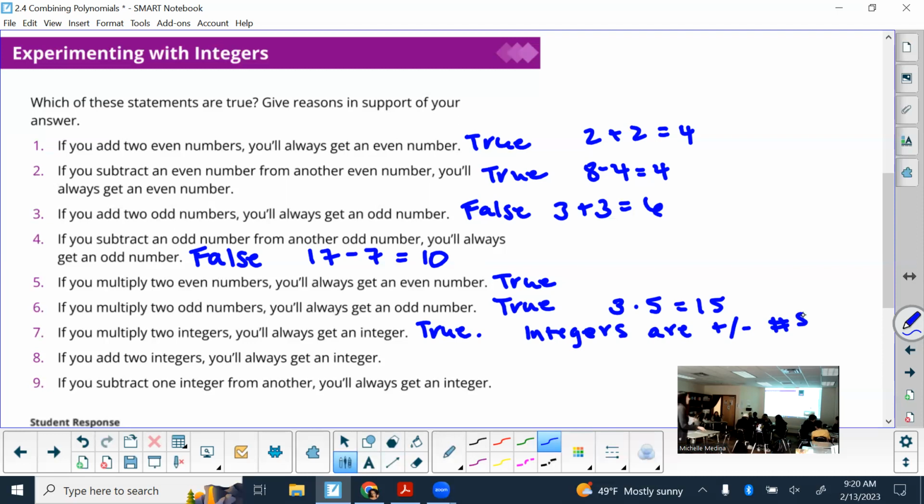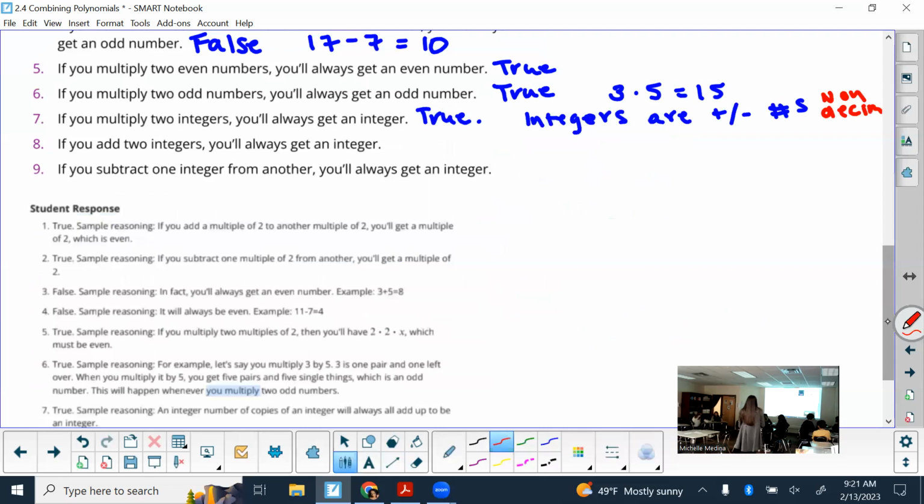So can integers also be like fractions or decimals of some sort? They cannot be. All right, so integers are like positive or negative whole numbers, except that whole numbers are only positive. So it's non-decimal, non-fractional numbers. Okay, just so you know, that's what an integer is.